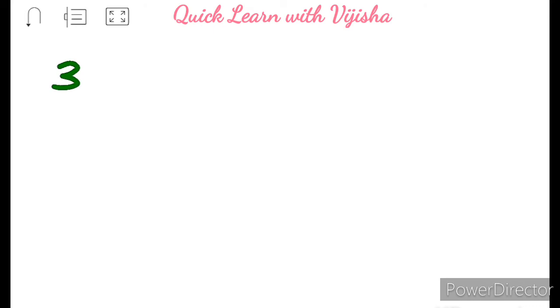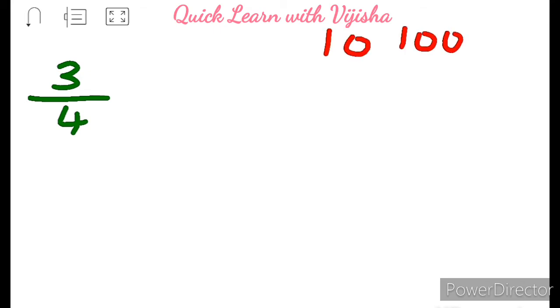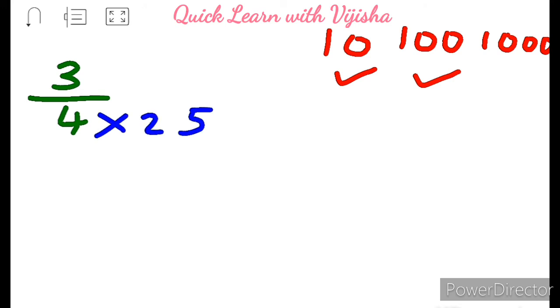First question is 3 upon 4. Now we have to convert this fraction in the form of 10 or 100 or 1000, whichever will be the nearest to that number. So for 4 we cannot make it as 10, we can make it as 100 by multiplying with 25. That means 4 25s will give you the answer as 100. Understanding children? So in the numerator also we will multiply with 25.